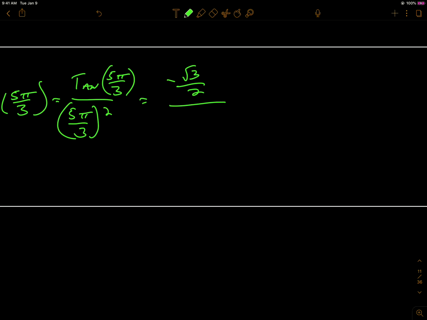And then on the bottom, I just square all that, so I would get 25 pi squared over 9. Instead of dividing by that fraction, I'm going to multiply by the reciprocal. So I get -9√3 over 50 pi squared.